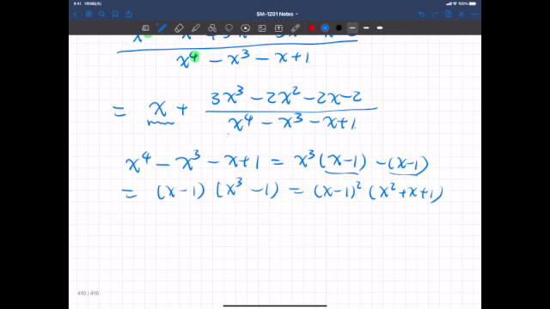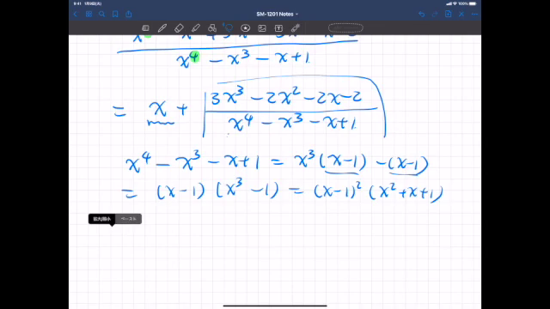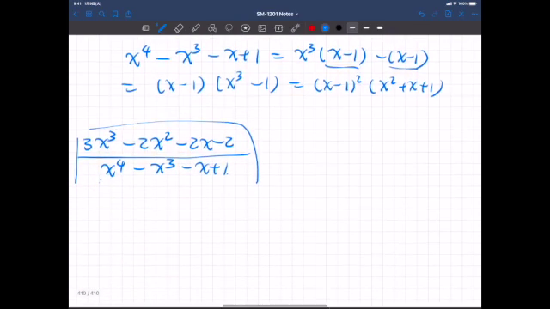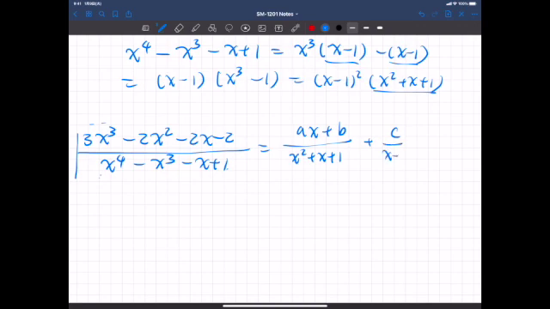So this part should be decomposed as ax plus b over this, and c over x minus 1 and d over x minus 1 squared.